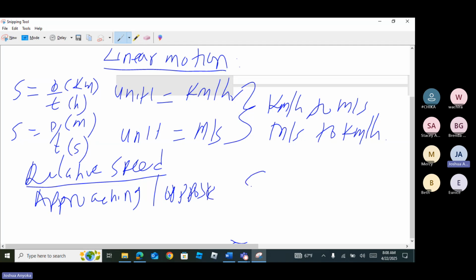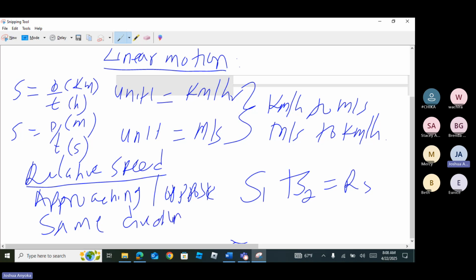Here we say speed 1 plus speed 2 equals our relative speed. For the bodies which are moving in the same direction, relative speed is equal to speed 1 minus speed 2, the difference between the two. That is relative speed.